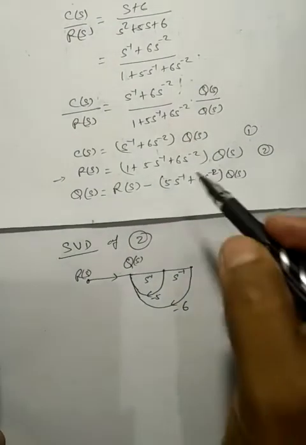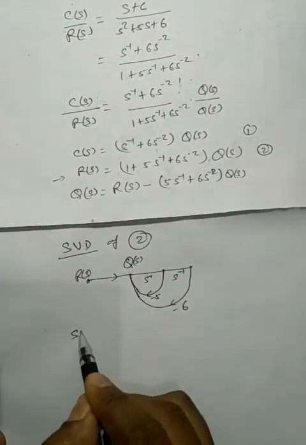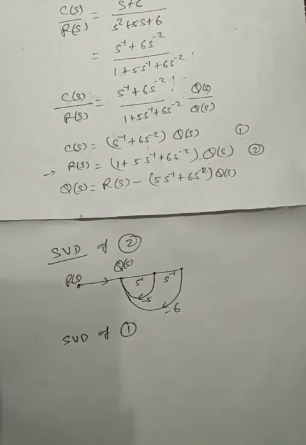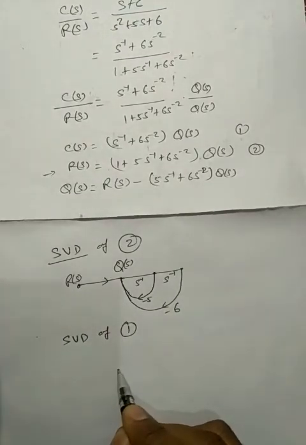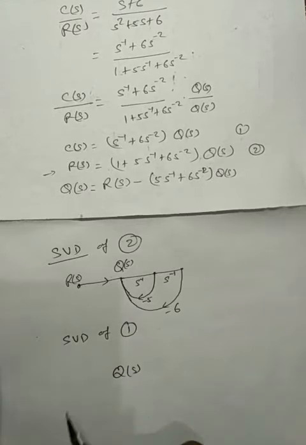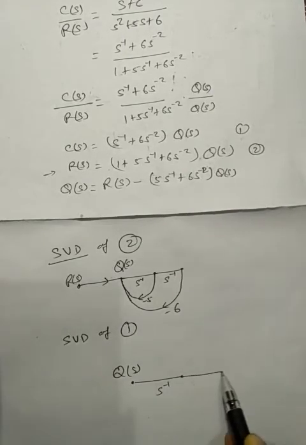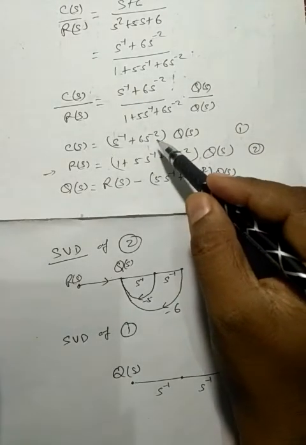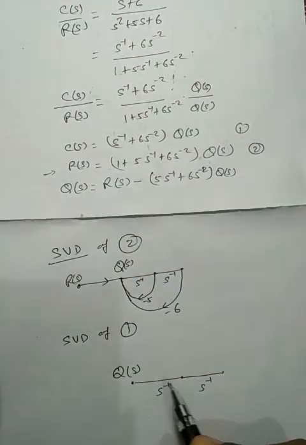Similarly, state variable diagram for equation 1. Qs is here, and here I have S inverse, here again I have S inverse, and S inverse plus 6s power minus 2 will be our Cs.